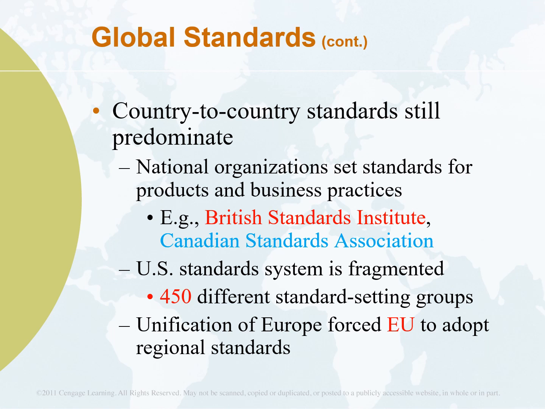There are 450 different standard setting groups. The unification of Europe forced the EU countries, European Union countries, to adopt regional standards. They have the European standards. And in order to make your products available for sale in those countries, you have to meet their standards.